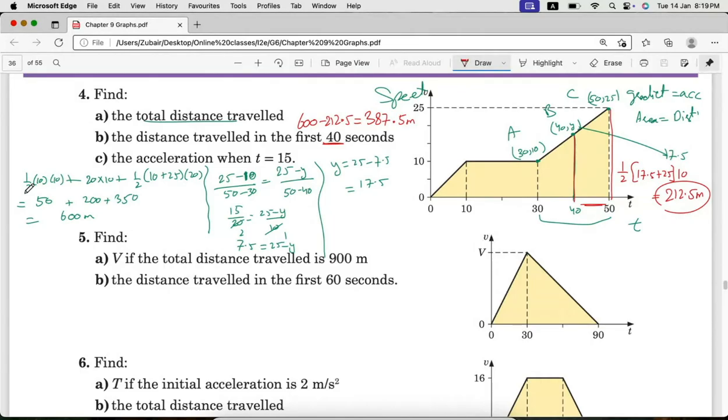At t equals 15, it's 0. Correct. This is a horizontal line and the gradient is 0, so the acceleration is 0 meters per second square. Yes, sir. And also see this concept that it is a constant speed. The speed is not changing, so there is no acceleration. Is that clear?